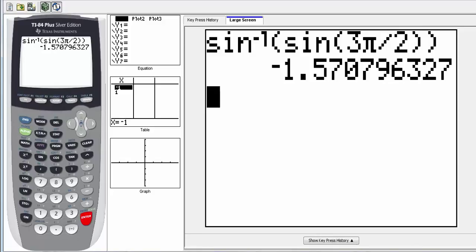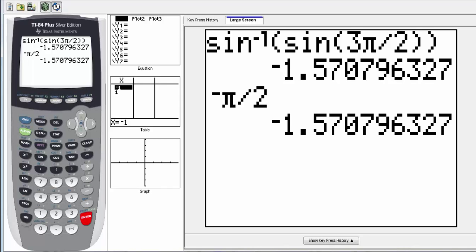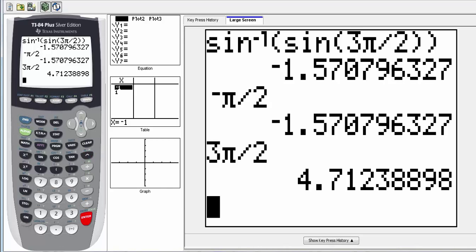So notice we didn't get 3 pi over 2, we got a negative 1.57, which happens to be negative pi over 2. Because if we were to take 3 pi divided by 2, notice we get a completely different answer here. So notice the difference.